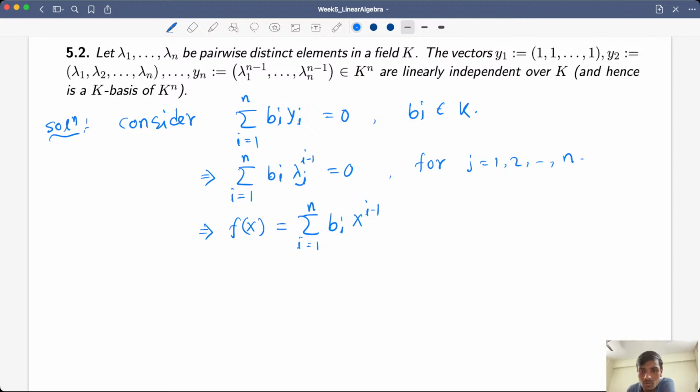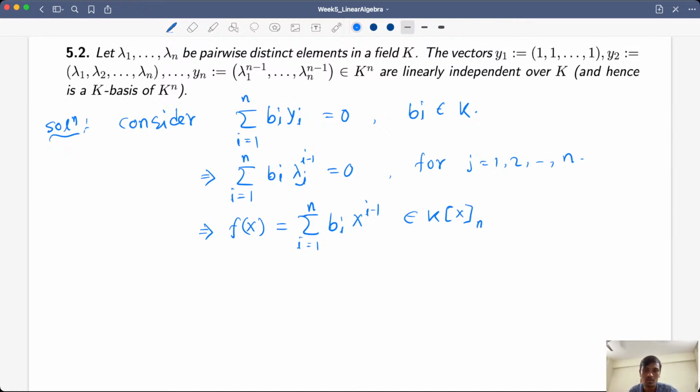So this belongs to k[x] n, where k[x] n denotes the set of all polynomials of degree less than n.